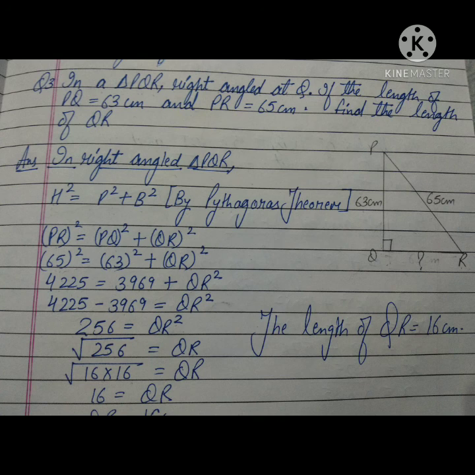The square root of 256 is equal to QR. In place of 256 we can write 16 into 16, right. Square root of 16 into 16 is equal to QR. So we remove the square and write 16, right. QR is equal to 16 centimeter. The length of QR is equal to 16 centimeter. Clear?